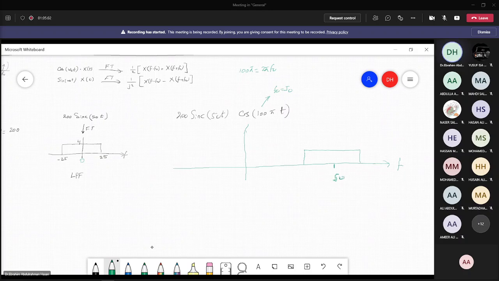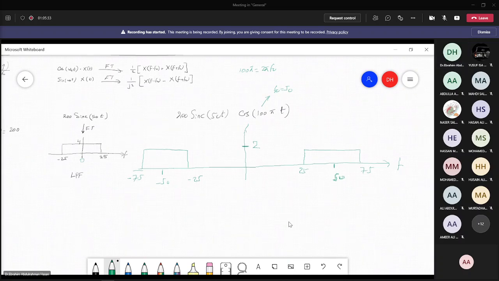So from here to here it is 25, then this is 75, and this is 25. Similarly, we have one here. So this is at minus 75, this is at minus 50, this is at minus 25. And don't forget, it is multiplied by 1/2, so here we have 4, then this one will be equal to 2.